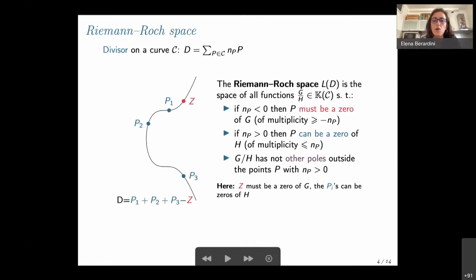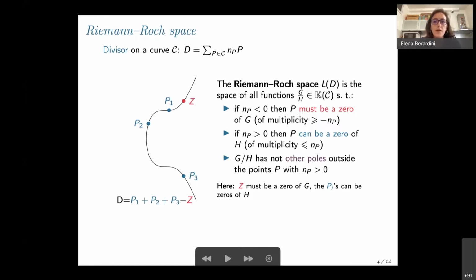So a divisor on a curve is a sum of points with some coefficients n of p, and the Riemann-Roch space associated to D is the space of all rational functions, so quotients of polynomials g and h, such that every point p that appears with a negative coefficient must be a zero of the function, so a zero of g.